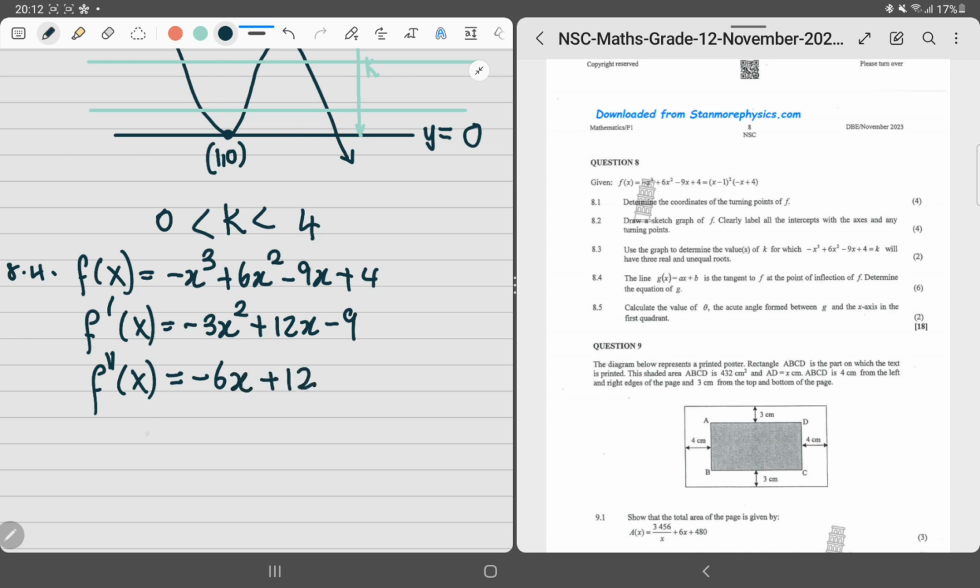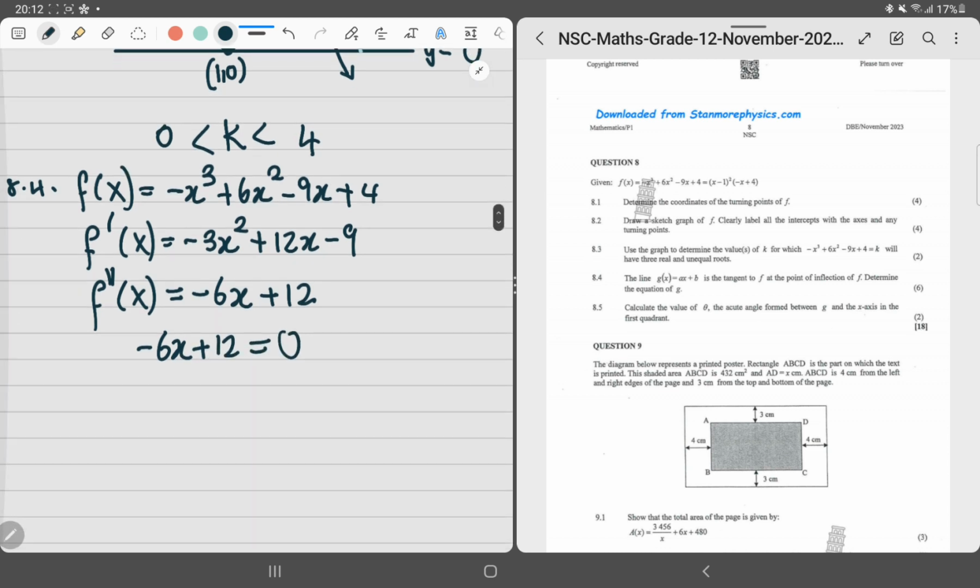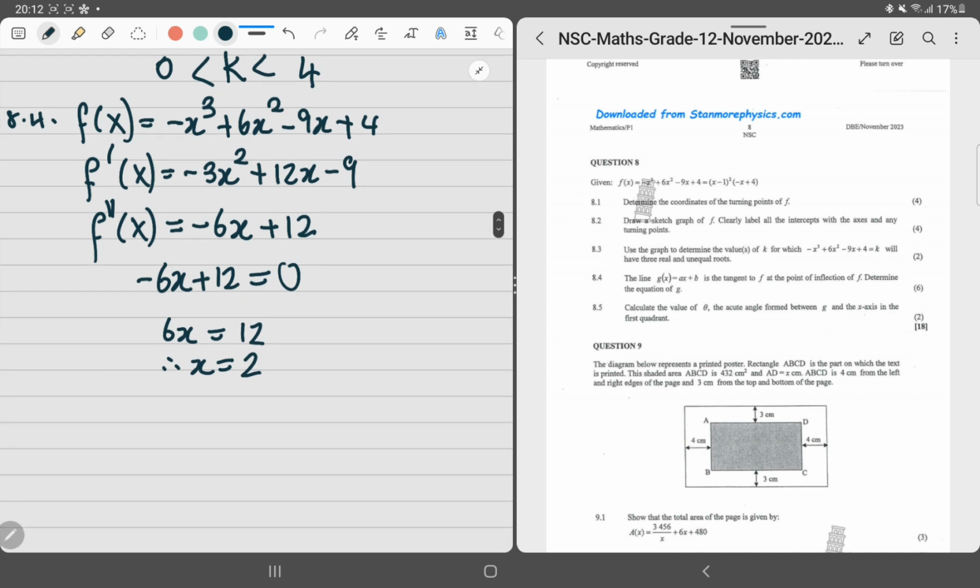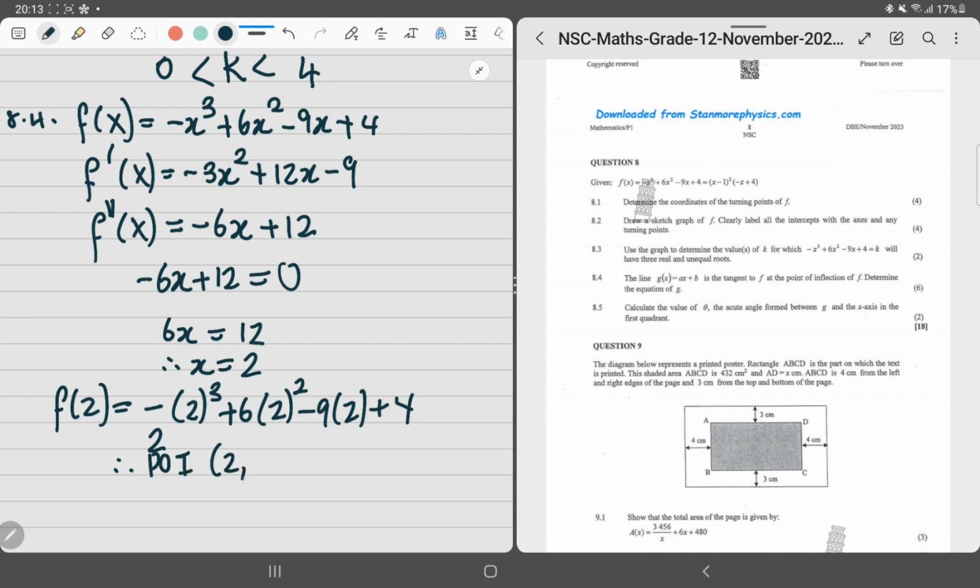And then we are going to equate it to 0. And then we substitute that x value into the mother function. So I'm getting a 2. This means that the coordinates of the point of inflection is (2, 2).